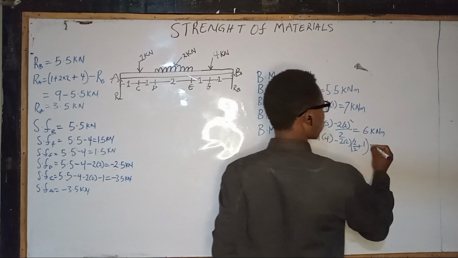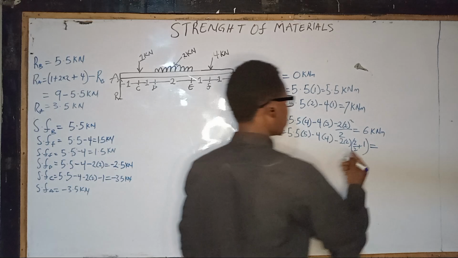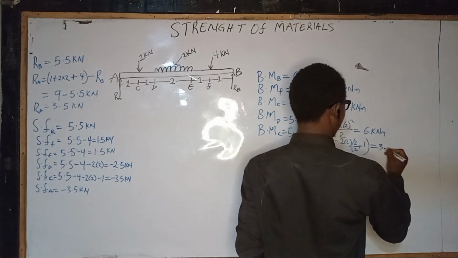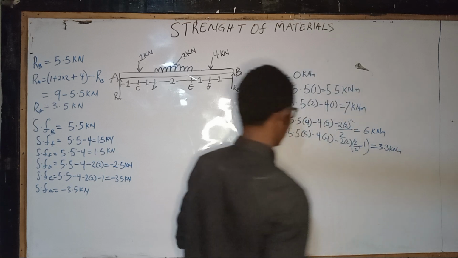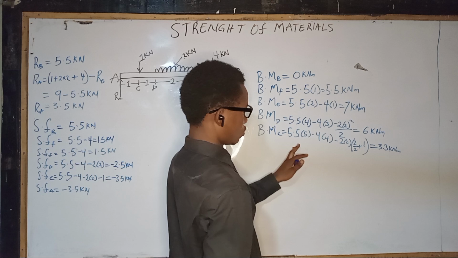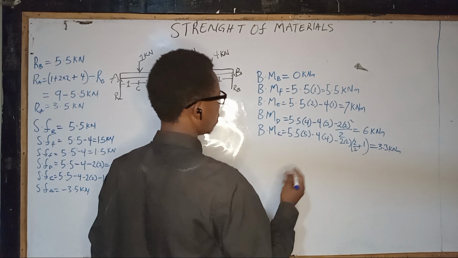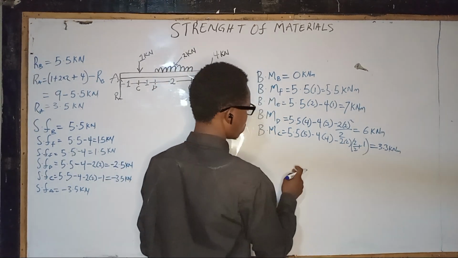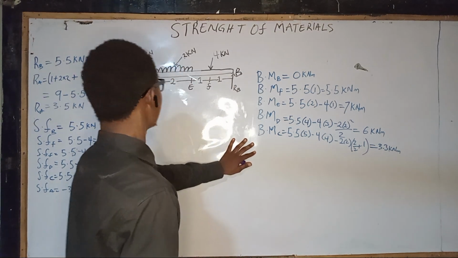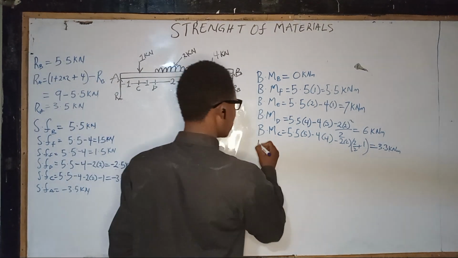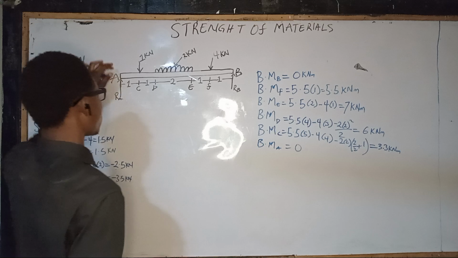The answer of this would be something like 3.3. Let's check it: 5.5 times 5, 3.3 kilonewton meter. So then our bending moment at A will be equal to 0 because it is at the entire reaction.